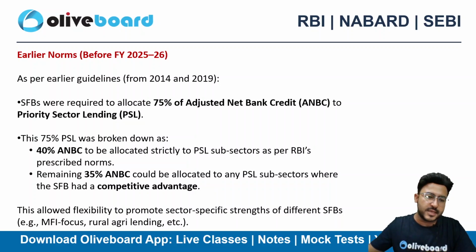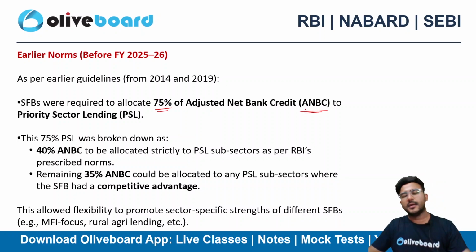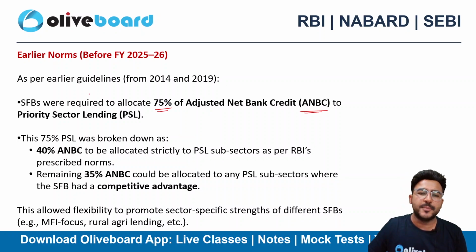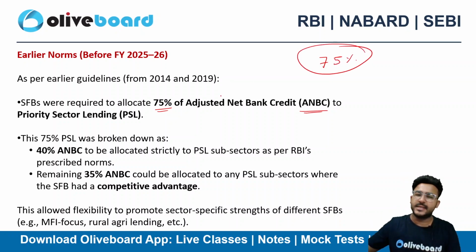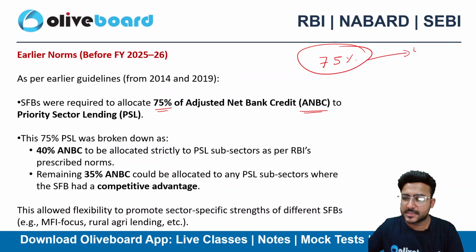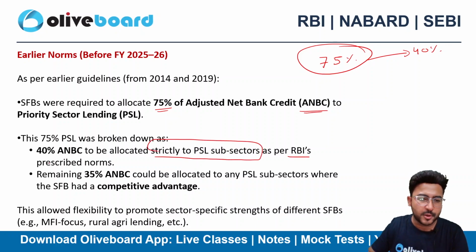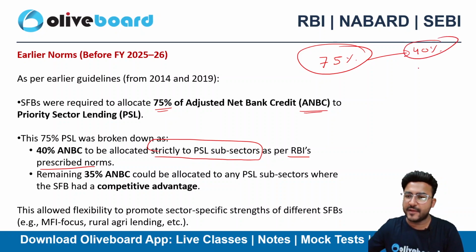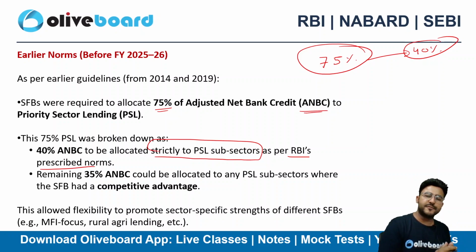What were the earlier norms? The earlier norms were that SFBs were required to allocate at least 75% of their ANBC, adjusted net bank credit, to priority sector lending, right? Out of which 40% of the ANBC will be allocated strictly to the PSL subsectors as per the RBI's prescribed norms. So this 40% out of the 75% needs to be allocated to those priority sector lending areas. Within priority sector lending also there are a lot of subsectors, right?